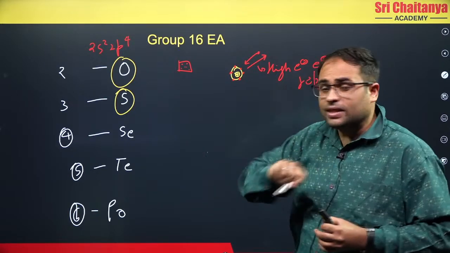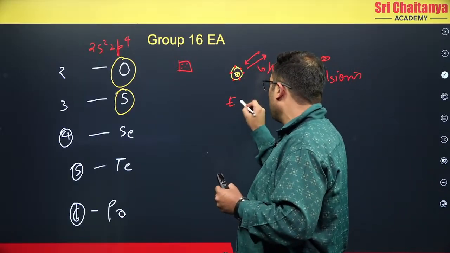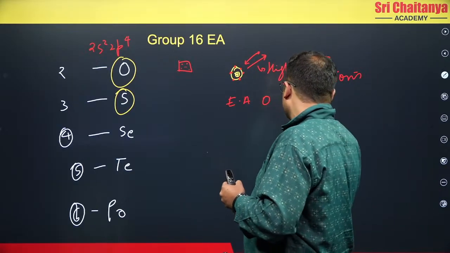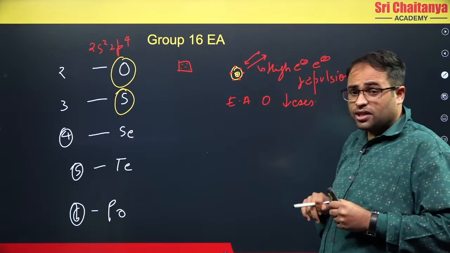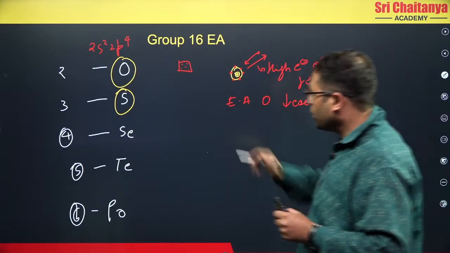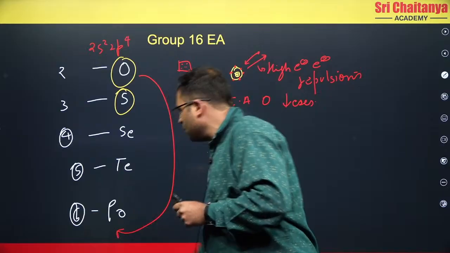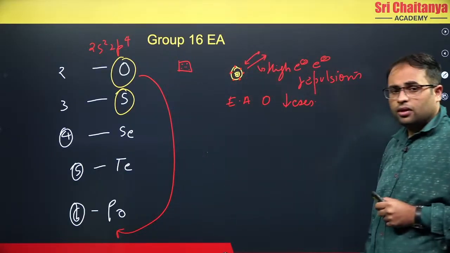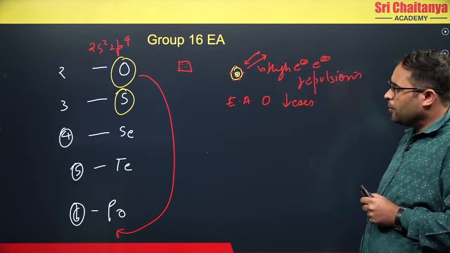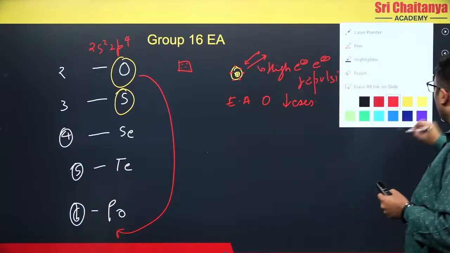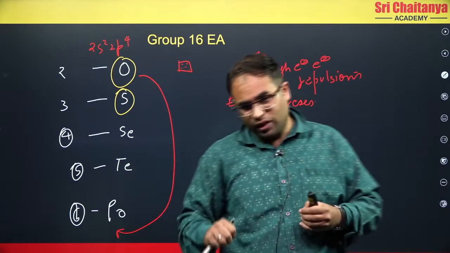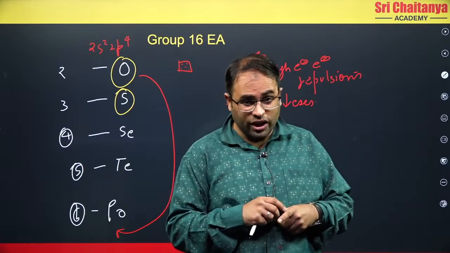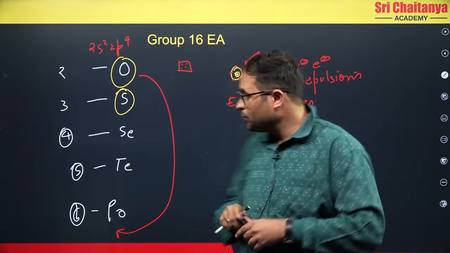due to which what happens? The electron affinity of oxygen decreases, right? How much? A lot. This oxygen shifts back, right? Normally what should have been the order? As you go down the group, the distance increases from the nucleus, so electron affinity should decrease.